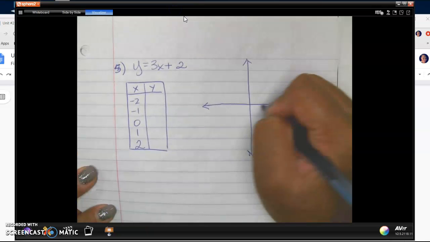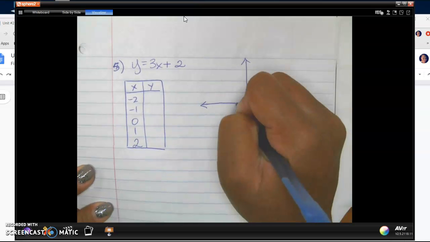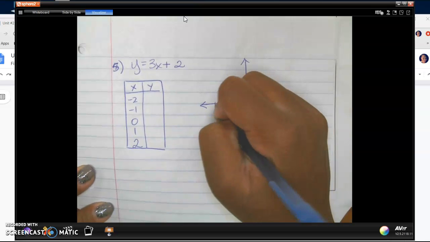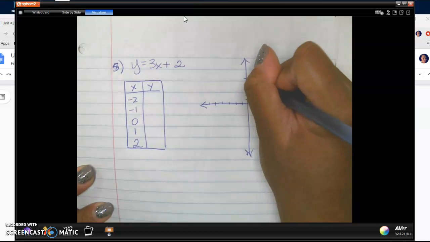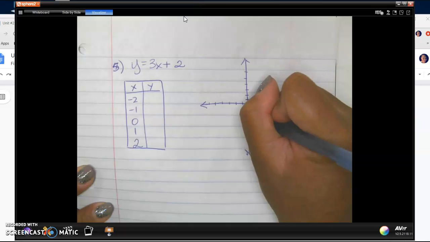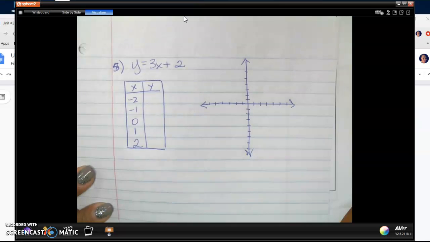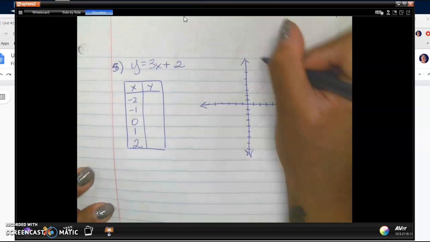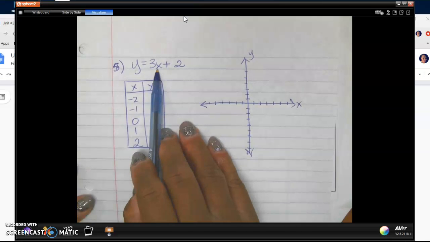Bam. Then give yourself some tick marks. This is my x-axis and my y. So, what am I doing to my x here?